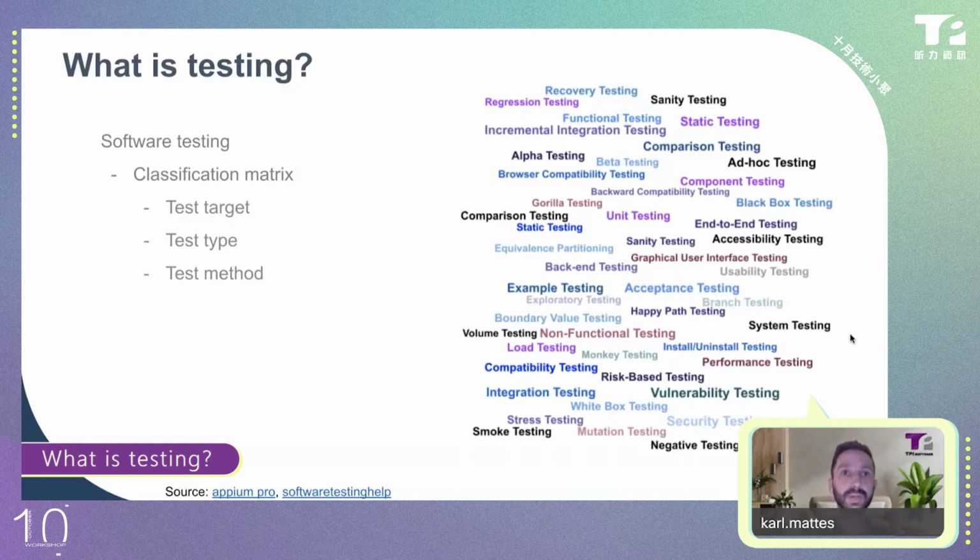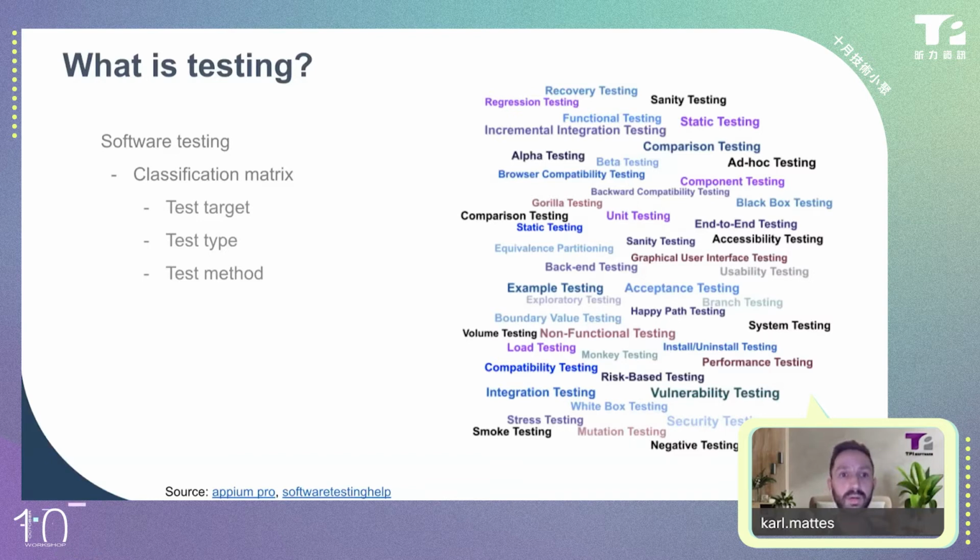Now, our focus for today is UI testing. The target of UI testing is testing the user interface of an application. As we mentioned before, that would be the test target. Now, we haven't mentioned anything about the test type and test method for that.